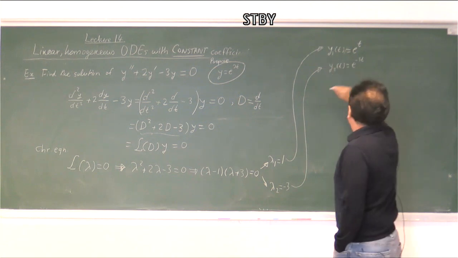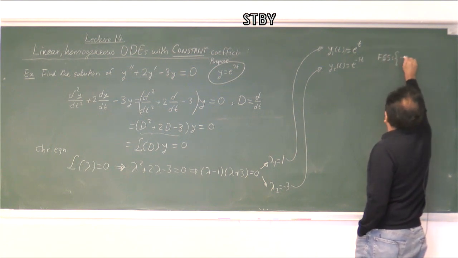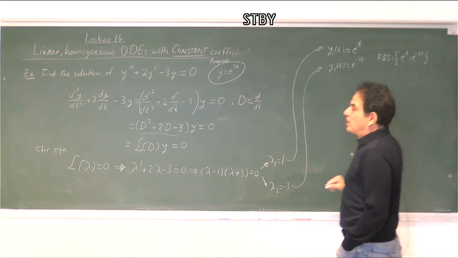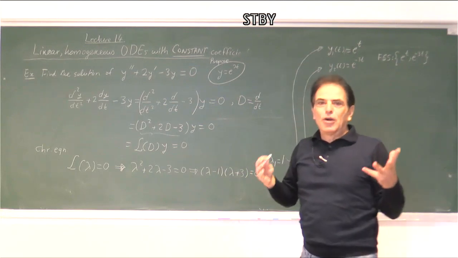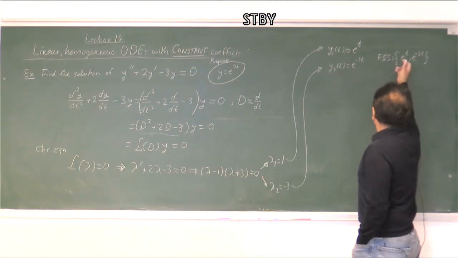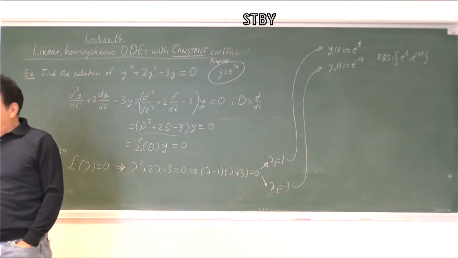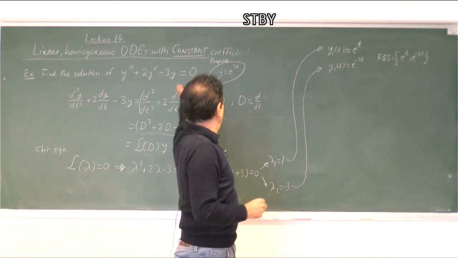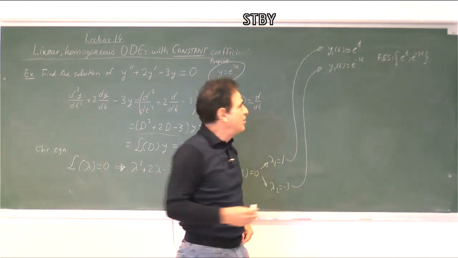So to be formal, you can say that e to power t and e to power minus 3t is a fundamental set of solutions, which means that they are solutions of the second order differential equation under consideration, and they are linearly independent.